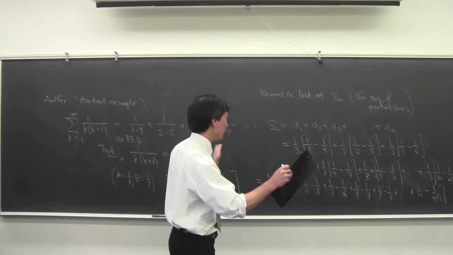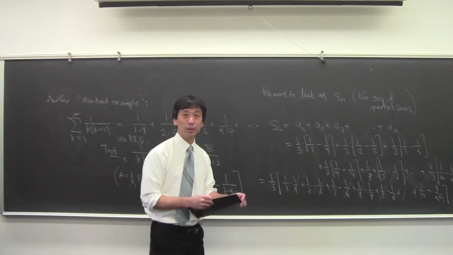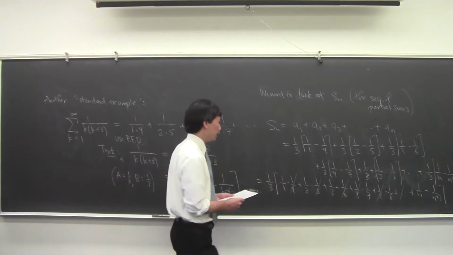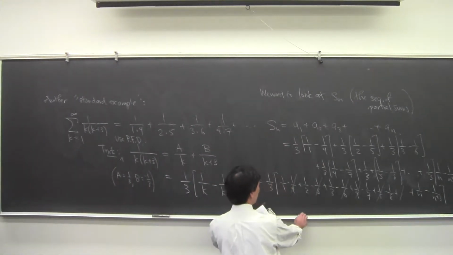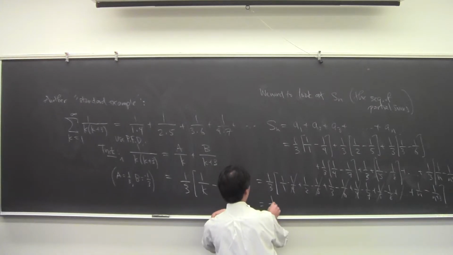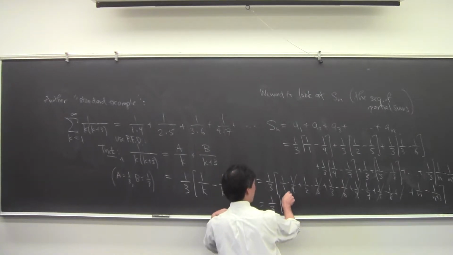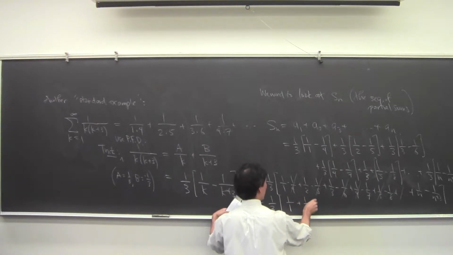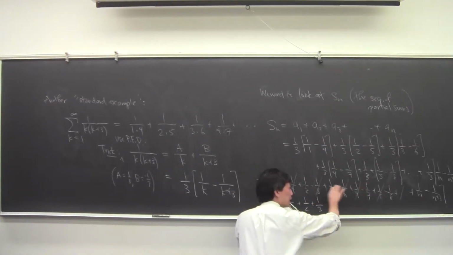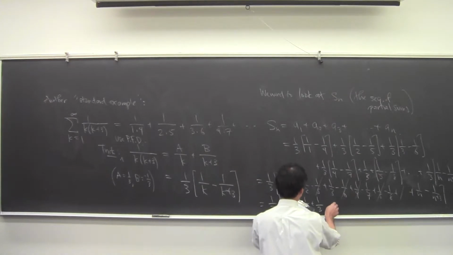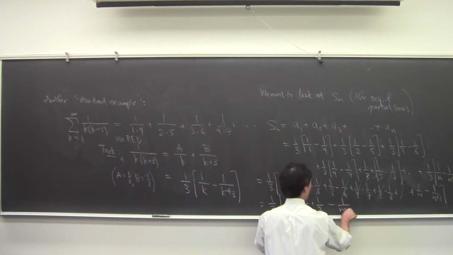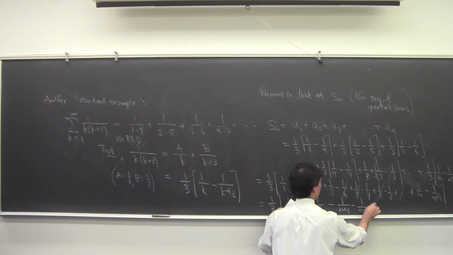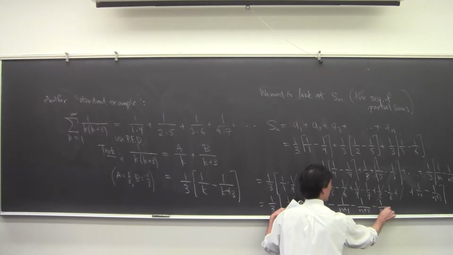The terms in the middle cancel out, and what you're left with in the end is 1 over 1 plus 1 over 2 plus 1 over 3 at the start, and at the end negative 1 over n plus 1, negative 1 over n plus 2, negative 1 over n plus 3.